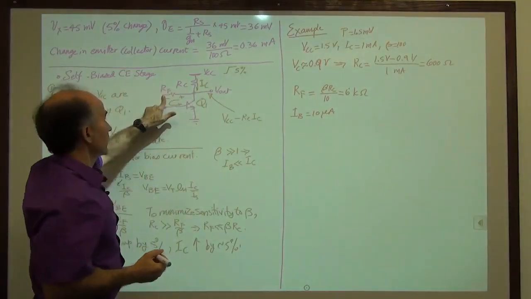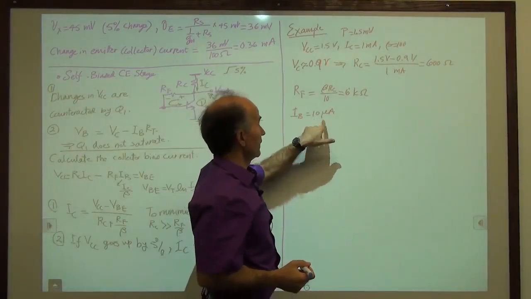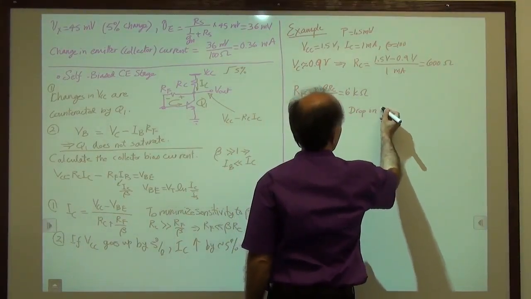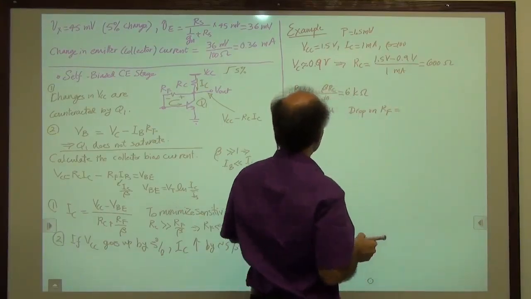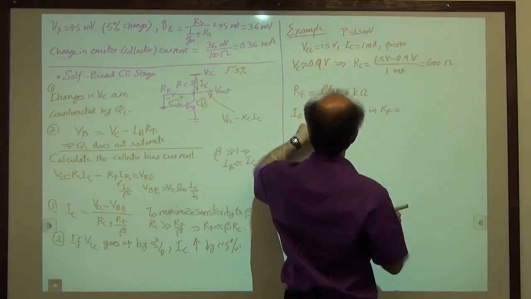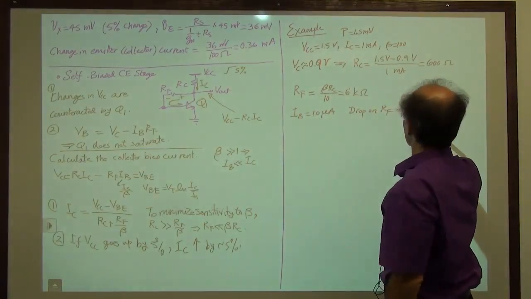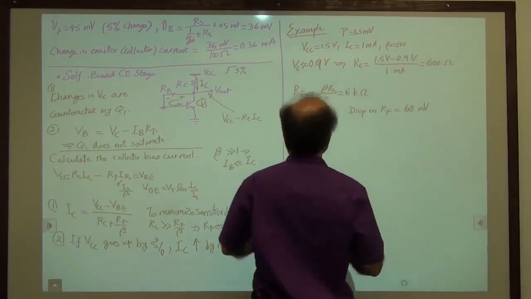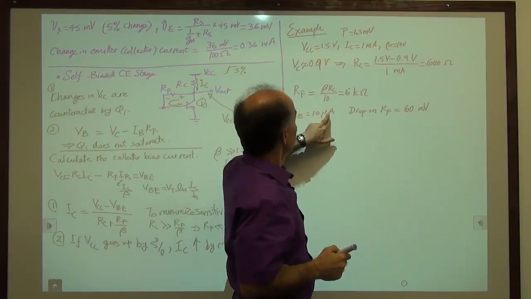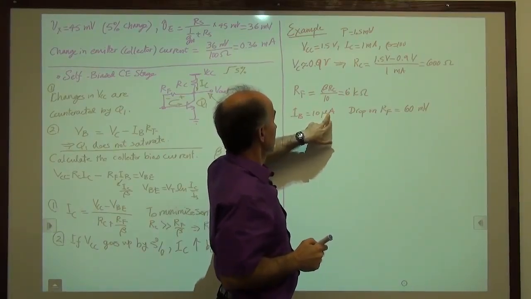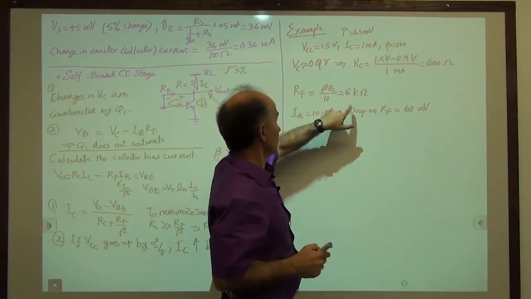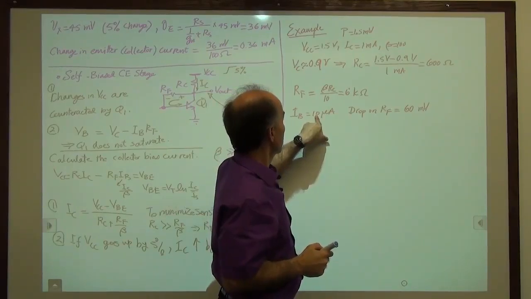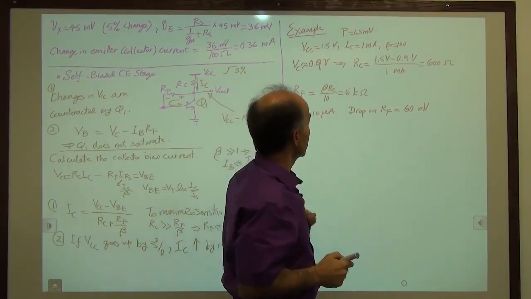So the drop across RF is 10 microamps times 6 kilo ohms, which is 60 millivolts.